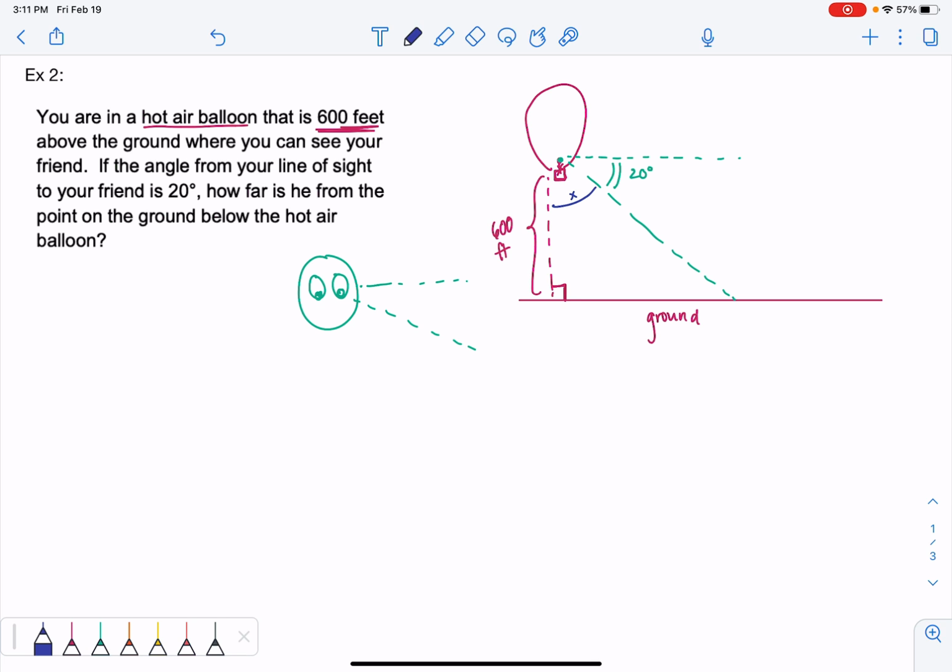because we know that this whole angle is going to be 90 degrees. So 90 degrees should equal 20 plus our X. So we find out that when we subtract 20 on both sides, 70 equals X. So this angle is 70 degrees.